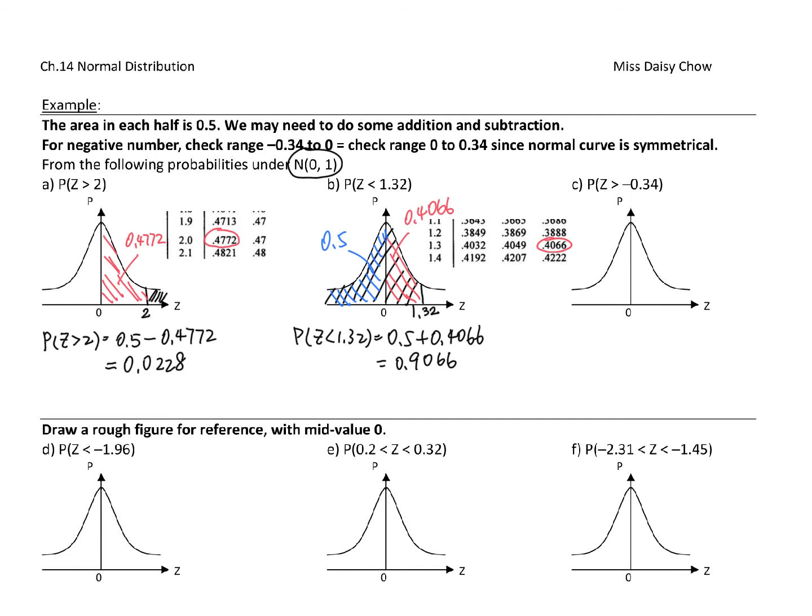Okay, and then part C. You have to find the probability that z is larger than negative 0.34. So it would be somewhere here.